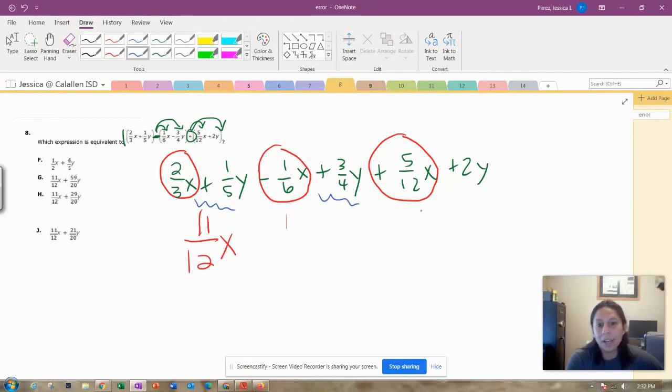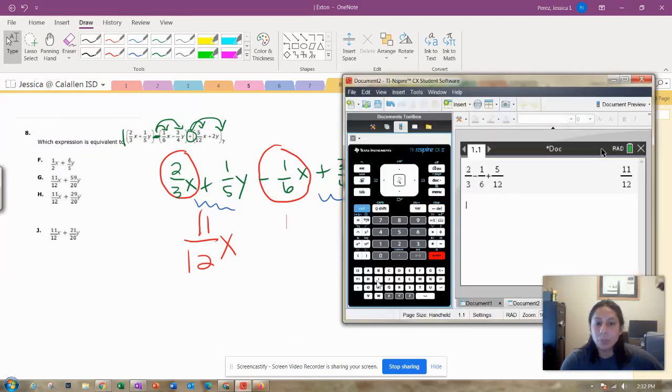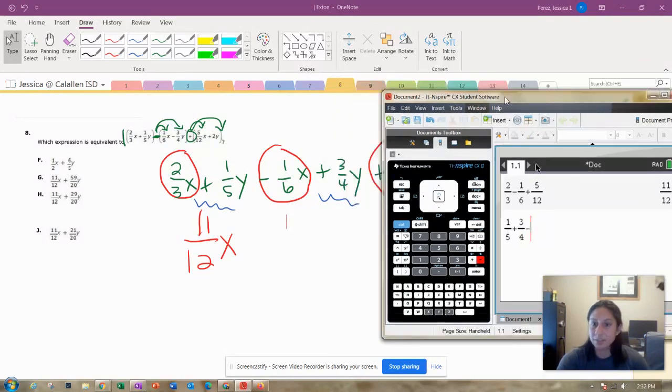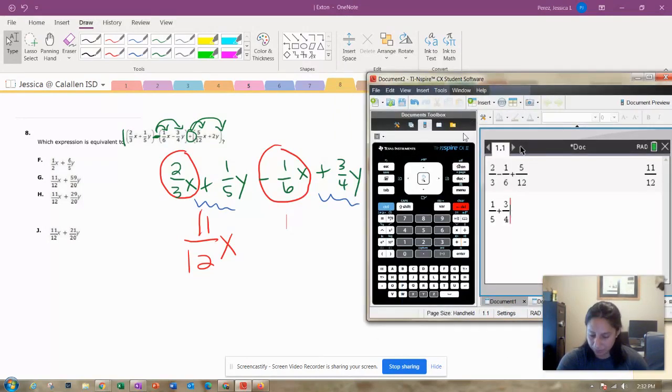Next, we have to figure out, how many y's do I have? So we're going to type those in as well. So 1/5, Control Divide, 1/5, and then plus 3/4, Control Divide again, and then plus 2.